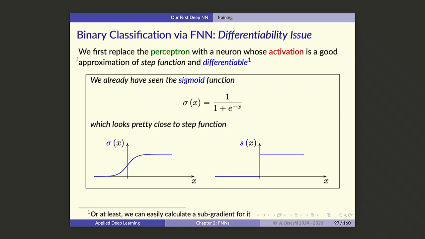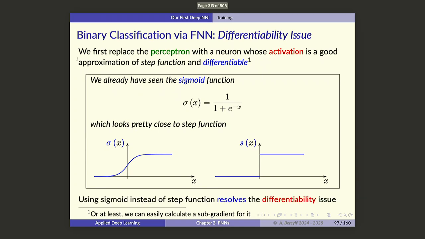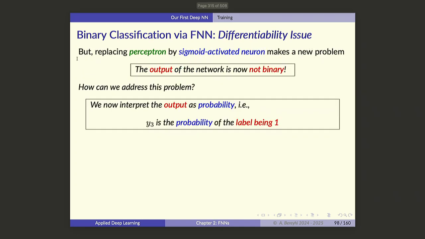What was the next issue? The output of the neural network is not 0 or 1 anymore. It's a scalar between 0 and 1. Now, how can we interpret this as a kind of label? It was not a label anymore. We said maybe we can interpret this to be a probability. This tells us the chance of the label being 1.